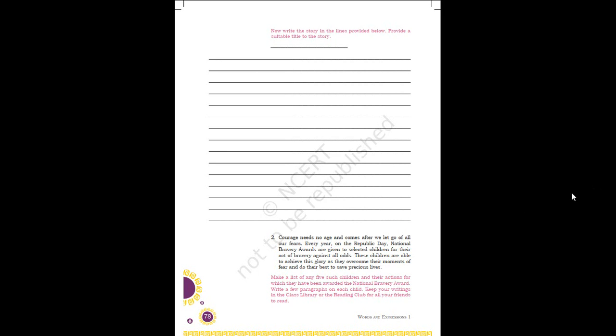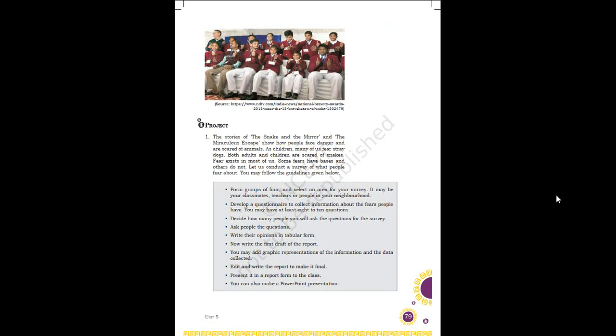These children are able to achieve this glory as they overcome their moments of fear and do their best to save their precious lives. Make a list of any 5 such children. You can just write here the names of the children if you know anyone, or you might have come across such children. You might have read stories of the brave children. You can just write the names here on this page at the side.